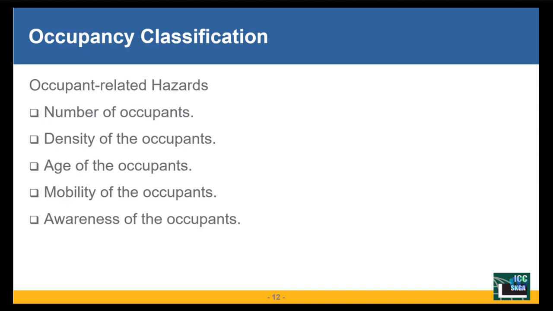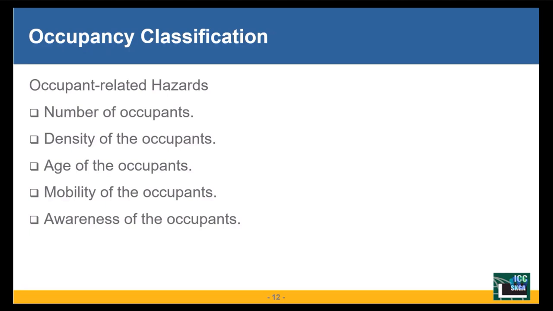Again, it depends on the hazards: the number of occupants in the building or the space, the density of the occupants, the age of the occupants, the mobility of the occupants, and the awareness of the occupants.